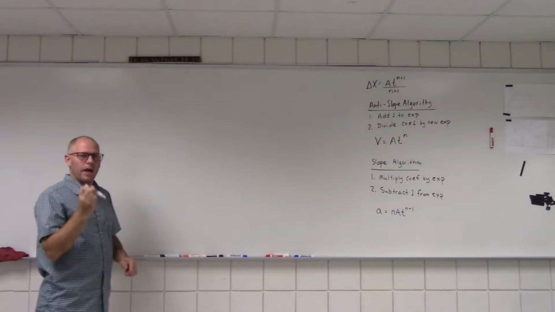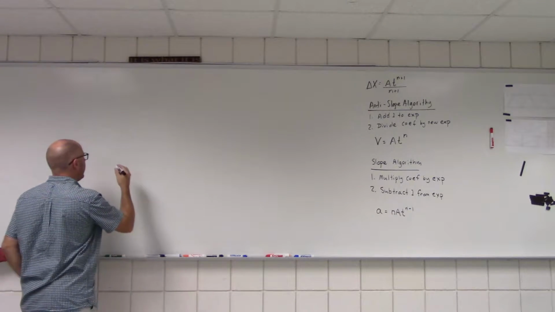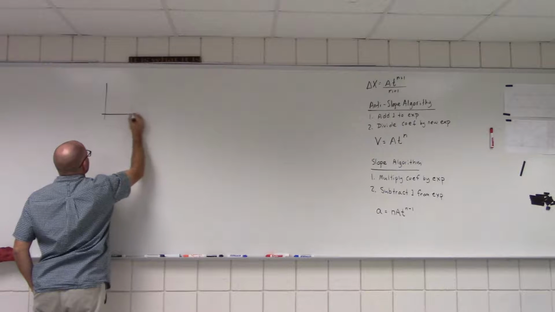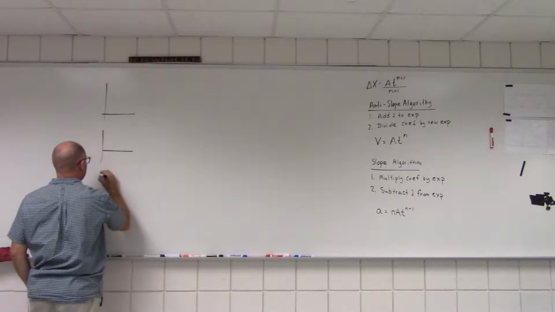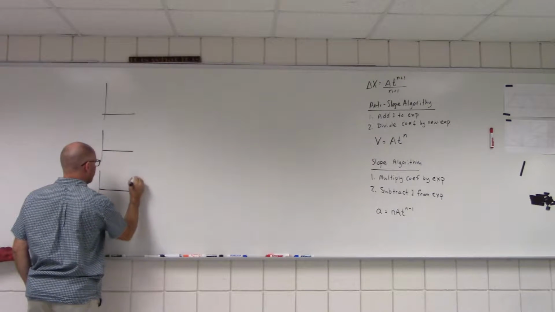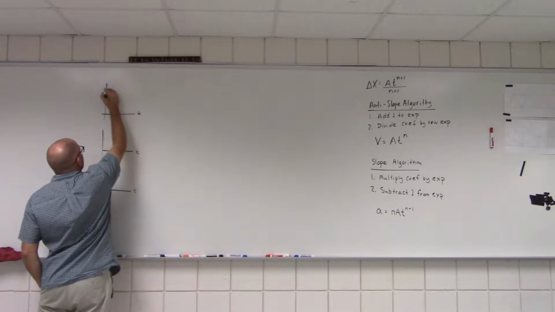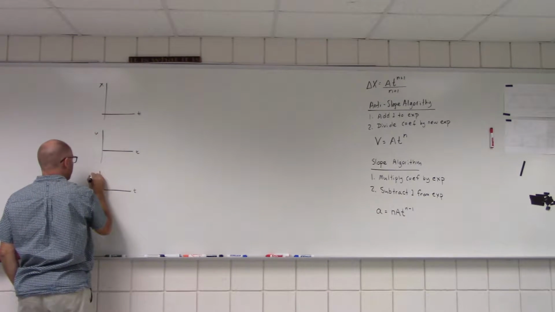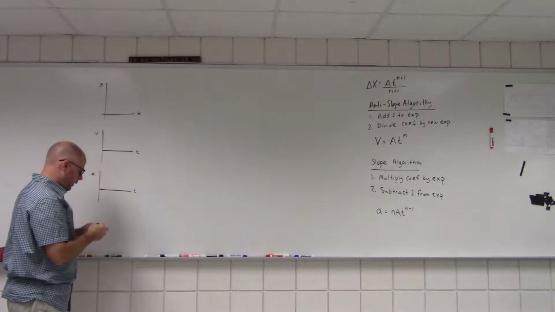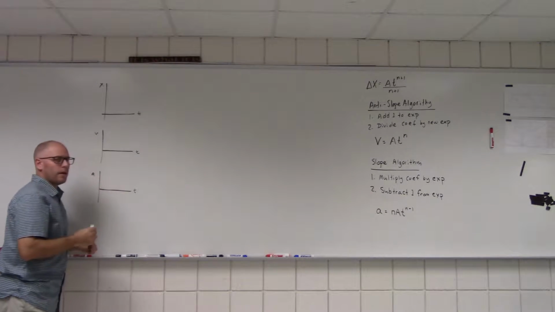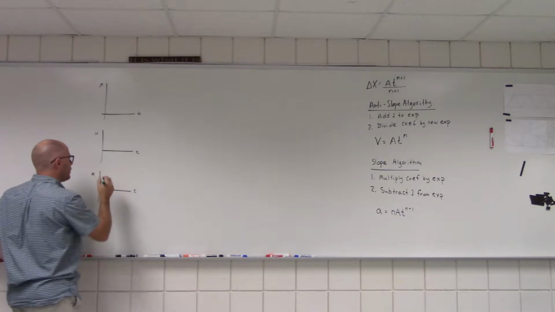So let's go back to our original example from the day. Let's say that we look at an object and our velocity function is as follows.